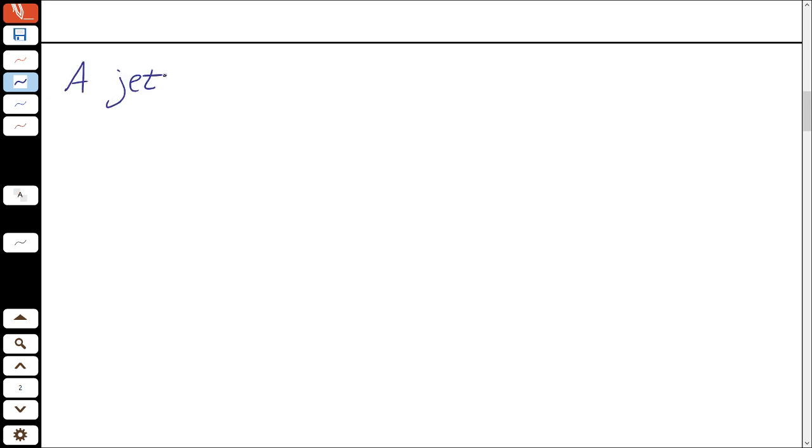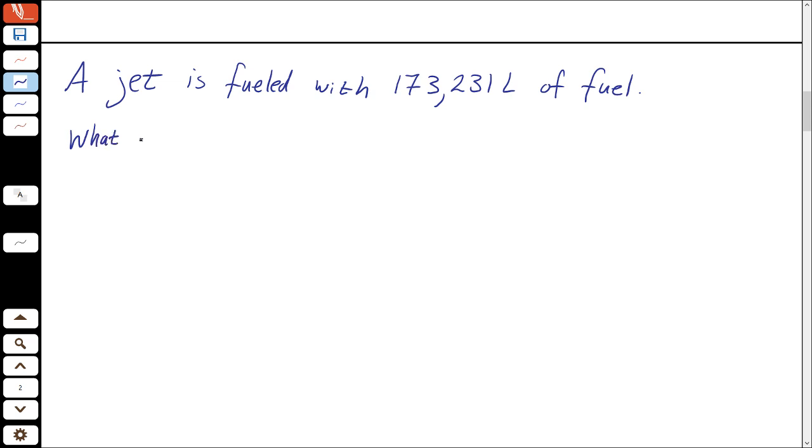A jet, large plane, is fueled with 173,231 liters of fuel. What is the mass in kilograms?